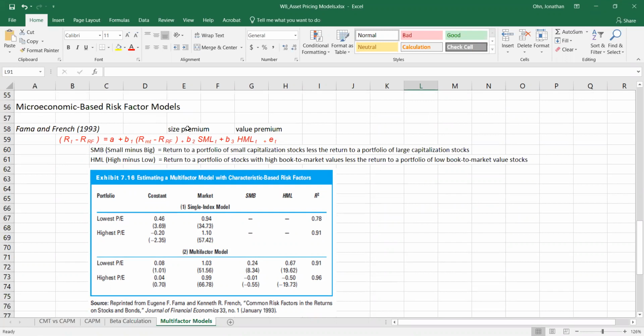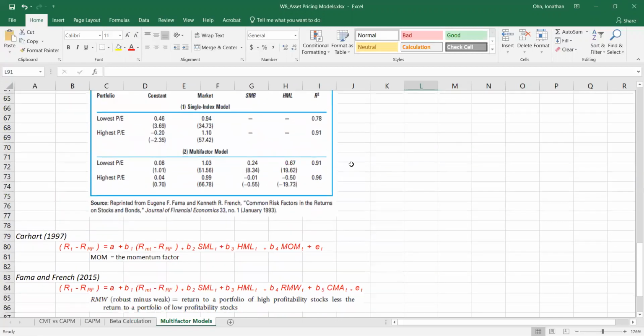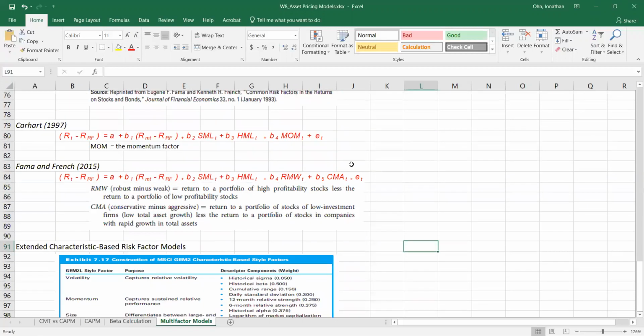B2 is size premium. B3 is value premium. Size premium is positive for small cap stock, right? And value premium is positive for value stocks with a high book-to-market ratio. Just remember that. Do you have any questions?